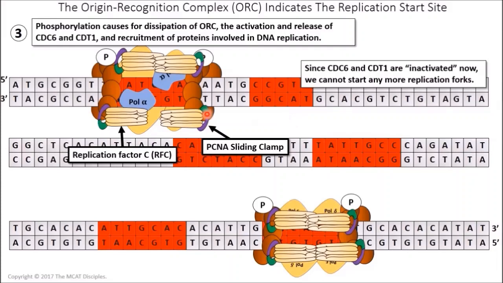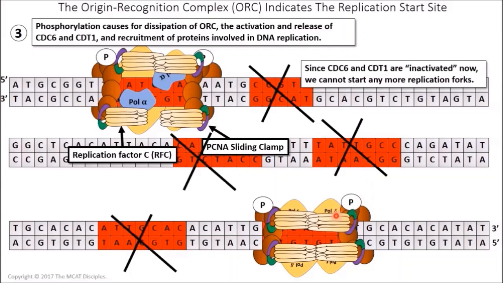They were activated in the sense that they brought up all these proteins, but they are inactivated in the sense that they can no longer bind to a new ORC complex. CDC6 and CDT1, after phosphorylation via cyclin-dependent kinase 2, can no longer recognize the new origin. So none of these origins are going to initiate a replication fork. They're going to get replicated, but they're going to get replicated by these origins. So they're not going to initiate their own origin anymore. You can't.